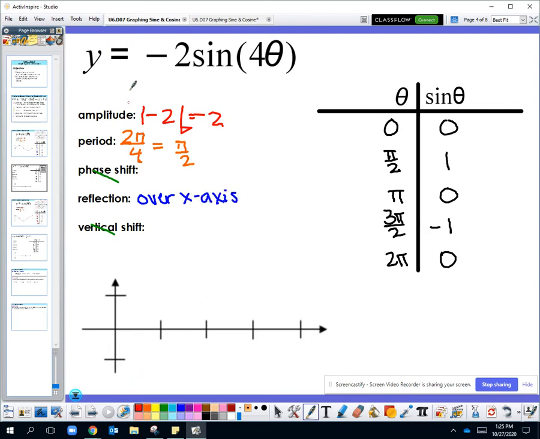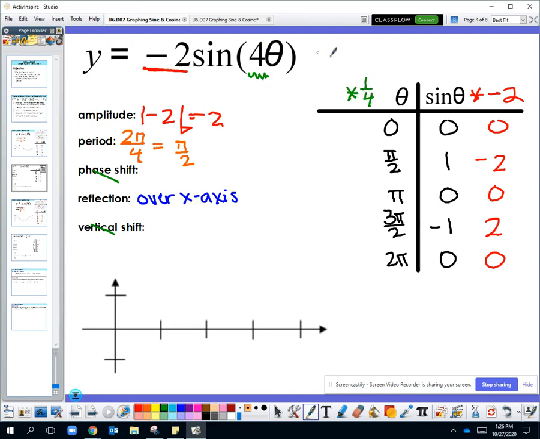Now I need to go ahead and apply these transformations. So this value -2 is outside the parent function, so we're going to multiply all the y values by -2. We're applying the vertical stretch of 2 essentially, as well as the reflection, both at the same time since they're both multiplication. Then for my x values, I'm going to multiply those by the reciprocal of b, just like we did at the beginning of this school year.